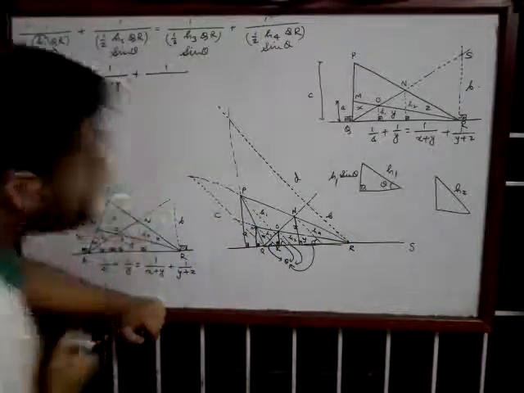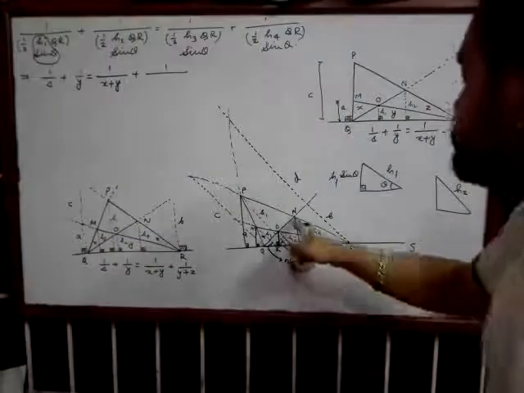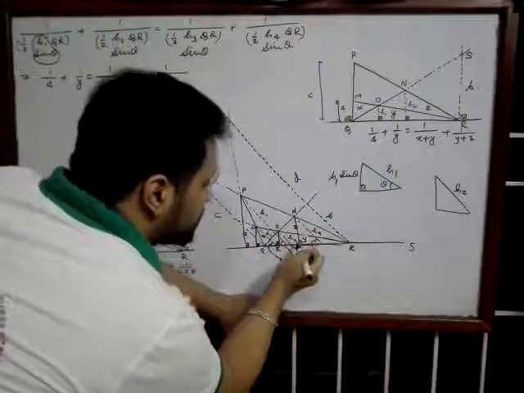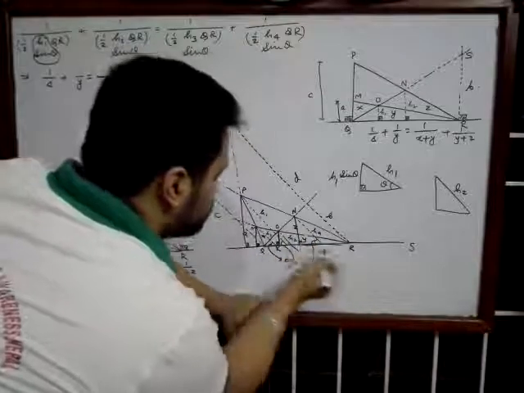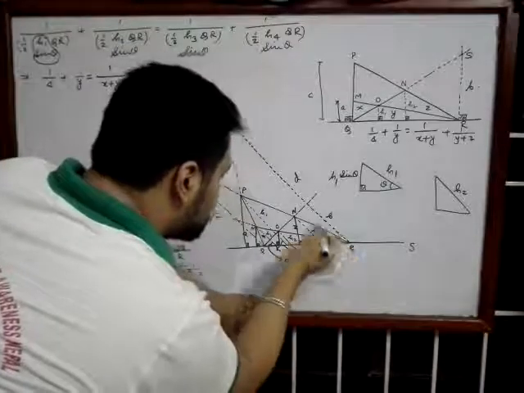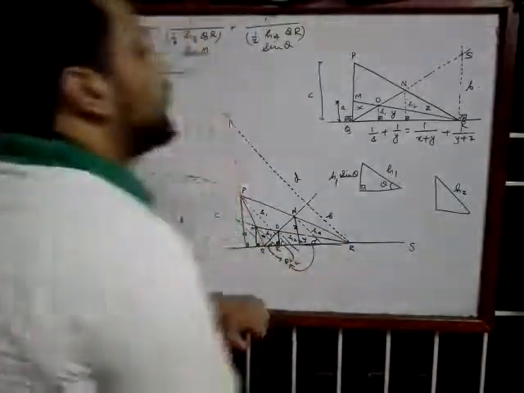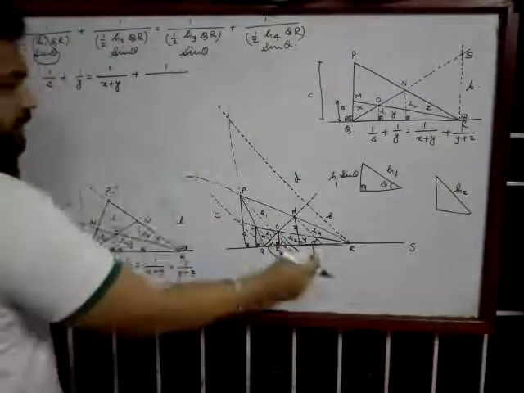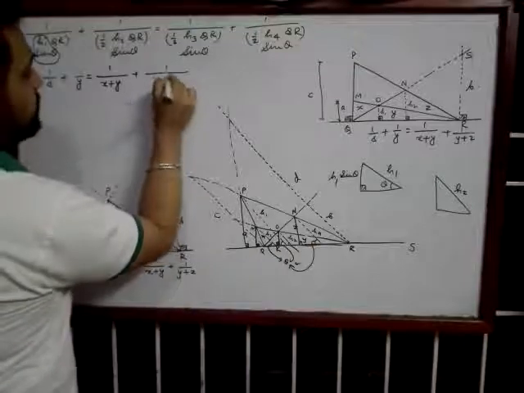And finally, H4 sine theta. This is H4 sine theta times QR times half means this triangle, and that means the triangle with area y plus z.